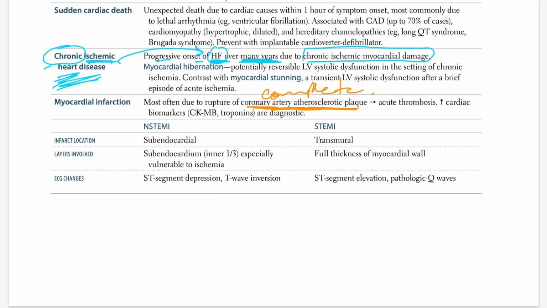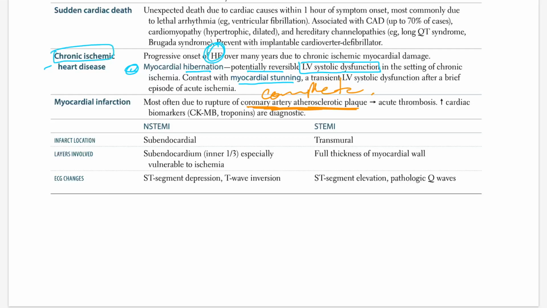That's the nutshell above. Now, there's another phenomenon called myocardial hibernation versus myocardial stunning. What is hibernation? Well, myocardial hibernation is potentially reversible left ventricular systolic dysfunction in the settings of chronic ischemia. So you already had a chronic ischemia, which was going to lead to heart failure, right?